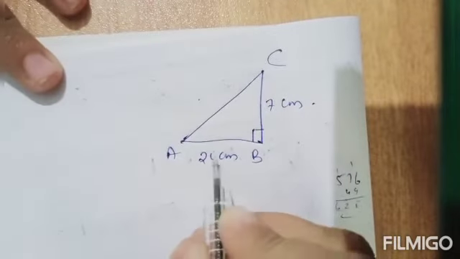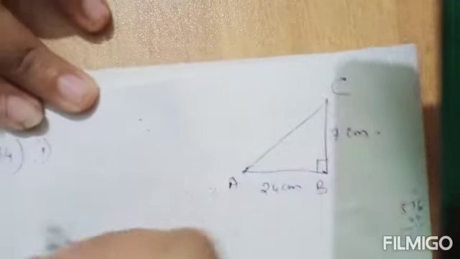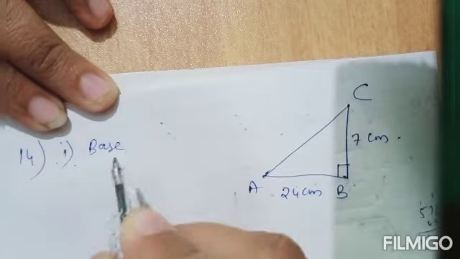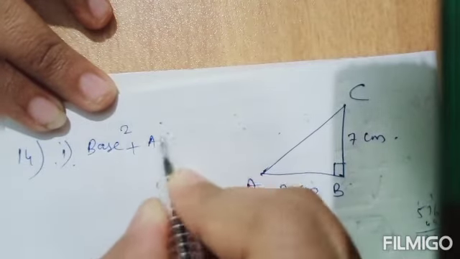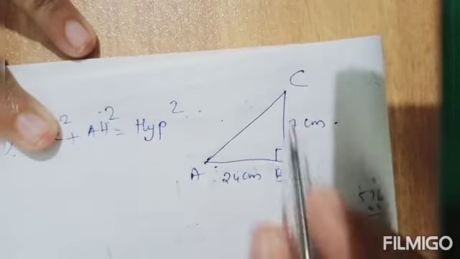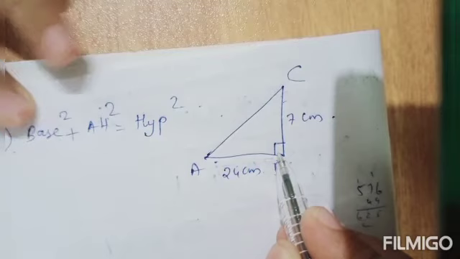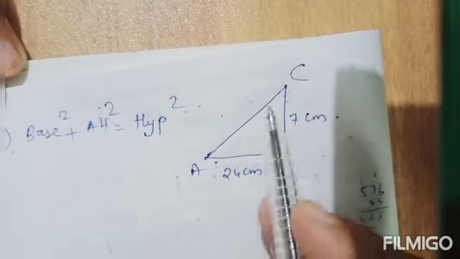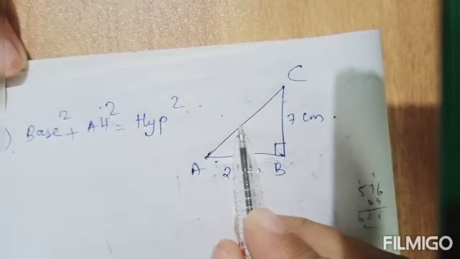This is a right angled triangle, so you can use the Pythagoras theorem, that is base square plus altitude square equal to hypotenuse square. Let us take AB as base and BC as altitude, and AC is the hypotenuse, the side opposite to the right angle.